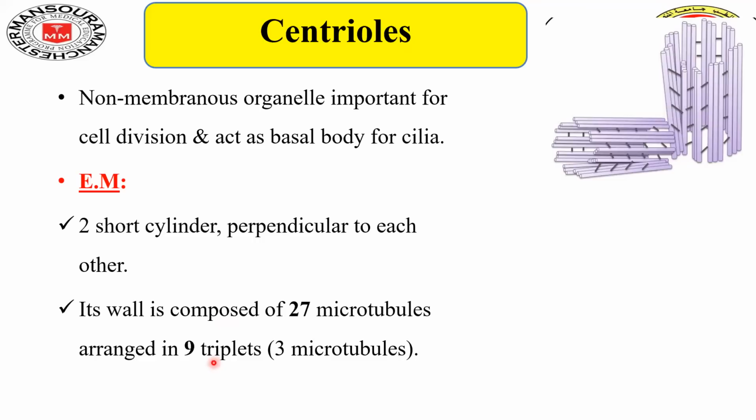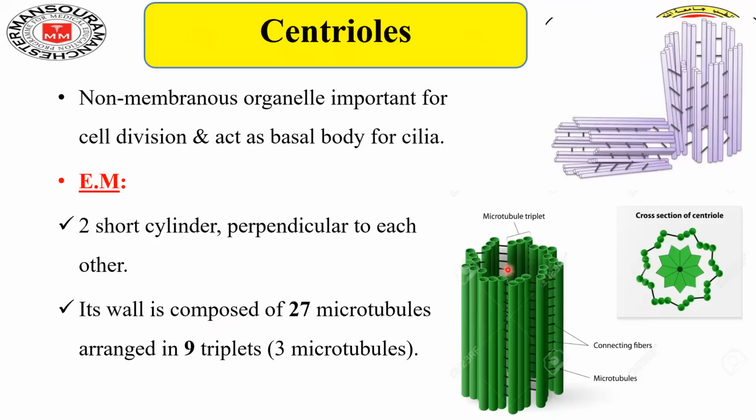A triplet is a group formed of 3 microtubules. So in the wall of the centriole, we have 27 microtubules arranged in 9 peripheral triplets. The same here: here is one centriole, and here are the 9 triplets in its wall.